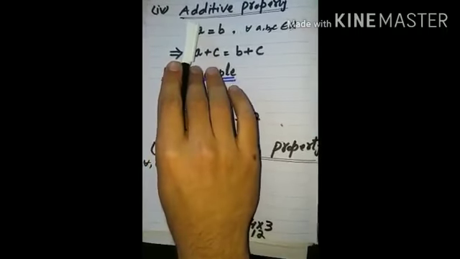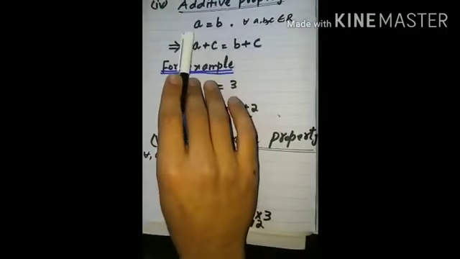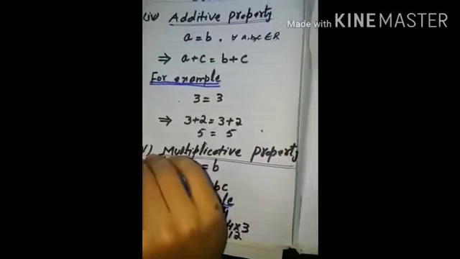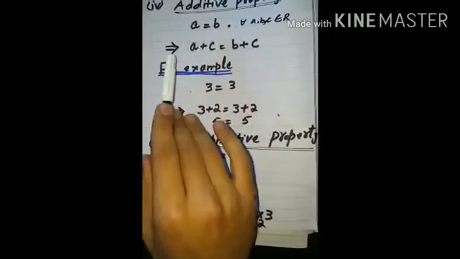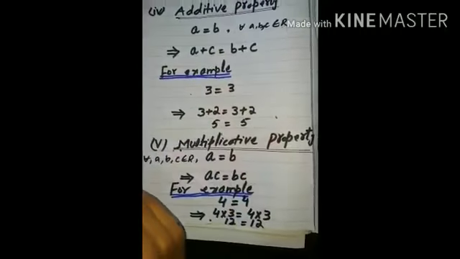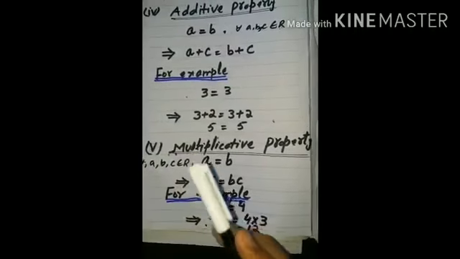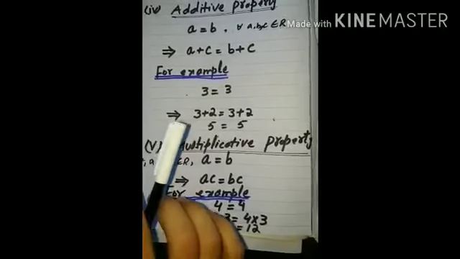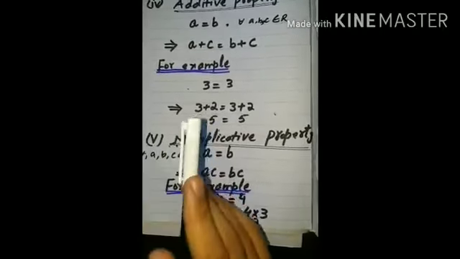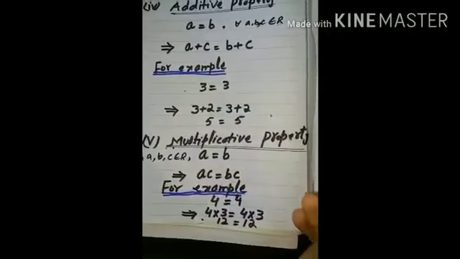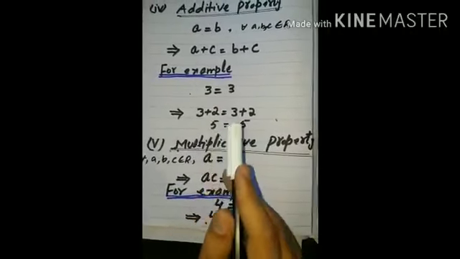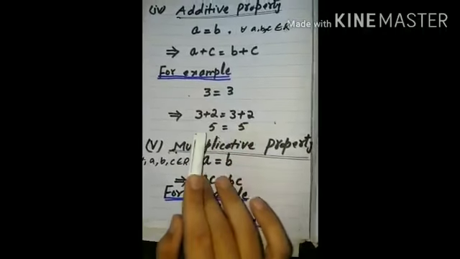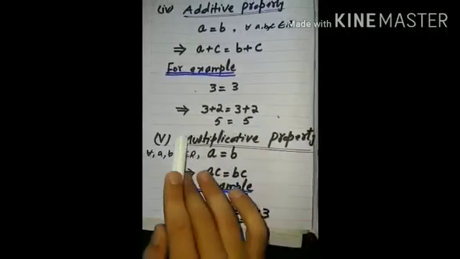The first is the additive property, and it says for all a, b, c belonging to R, where a, b, c are any three real numbers, if a equals b and I want to add something on the left hand side of the equation, then I have to add the same number on the right hand side as well. This is a rule that you have to keep in your mind, and as long as you remember it, you will never make a mistake while solving equations. For example, 3 is equal to 3, and if I add 2 on both sides of the equation, the equation still remains equal.